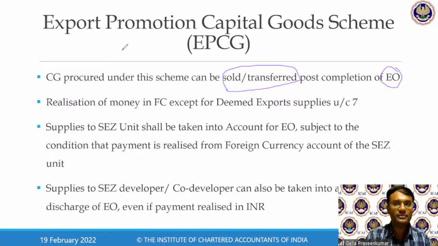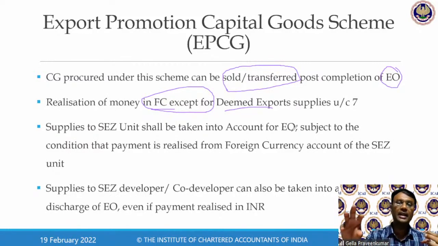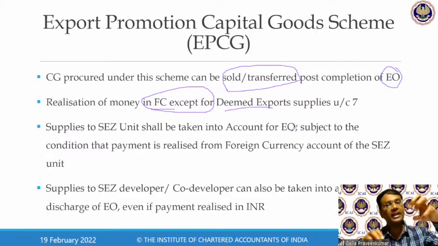Moving further, the government says that, look, you have to receive money in foreign currency, but for deemed exports. What are deemed exports? I manufacture the goods. So like Nisha has imported the machinery, Nisha can sell these particular goods to, say, Namita. Namita holds advance authorization. So for a moment, Nisha is registered in the state of West Bengal.